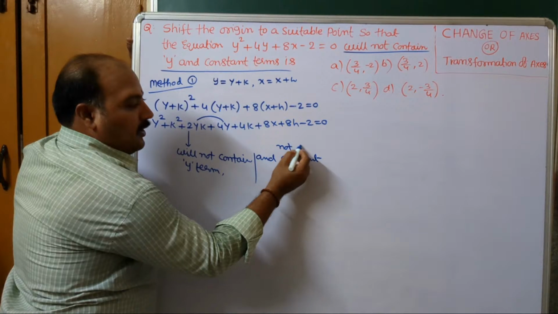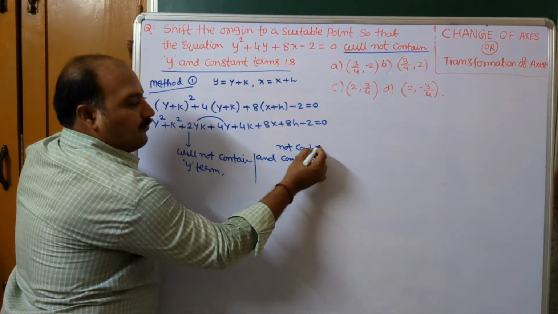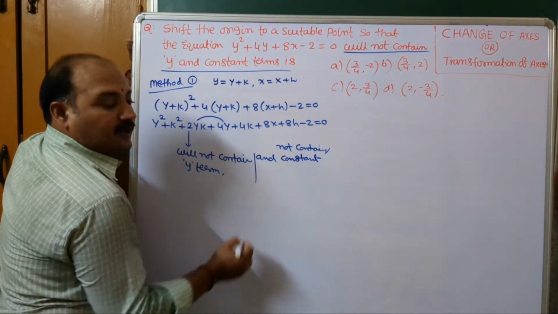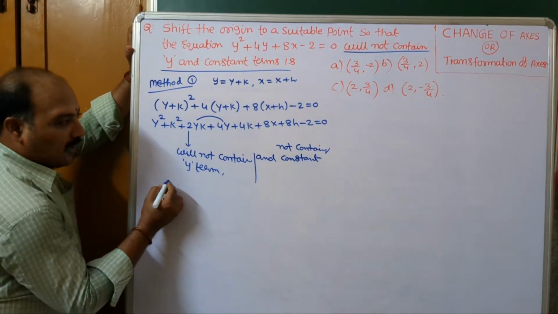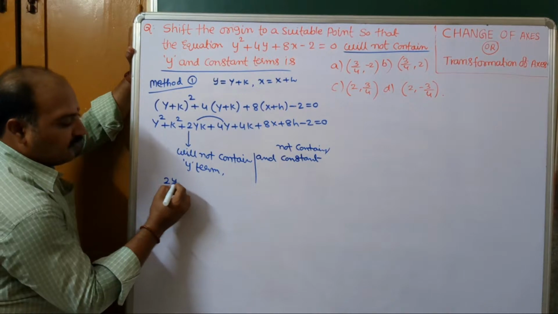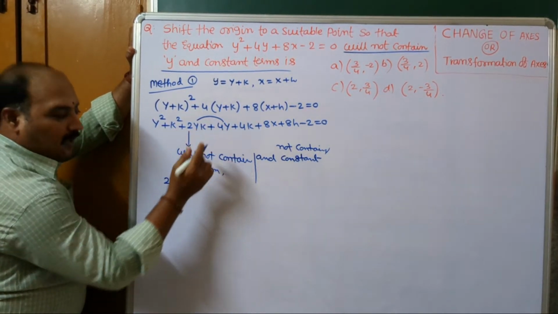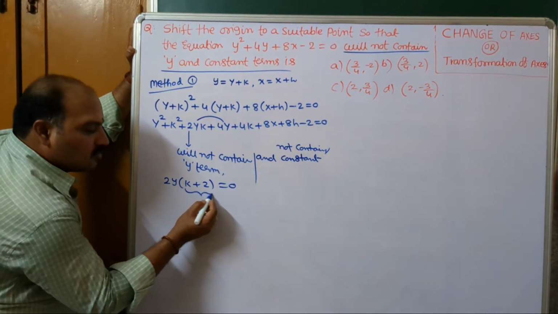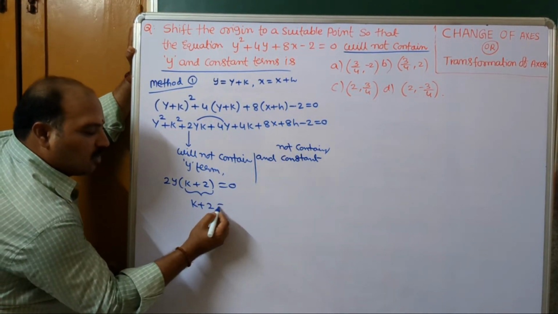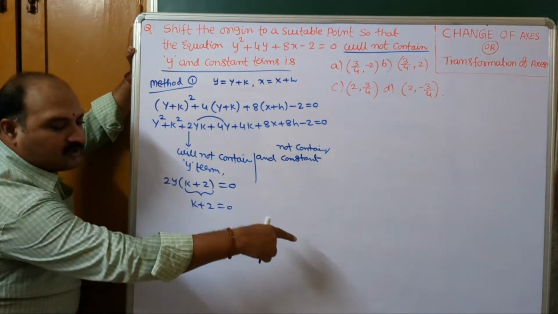See, the y term is these two, so take 2Y common from here: k plus 2 is equal to 0. So k plus 2 equal to 0, since the y term goes to be that side.